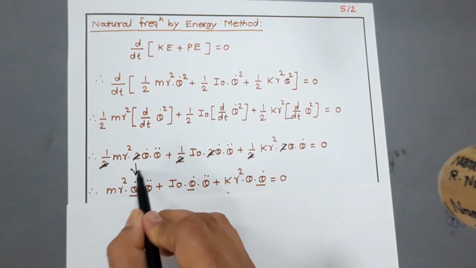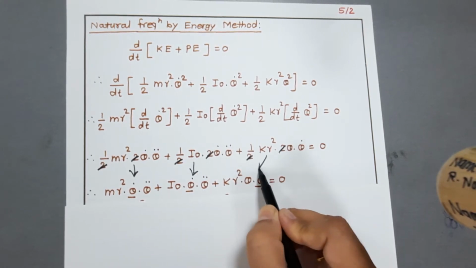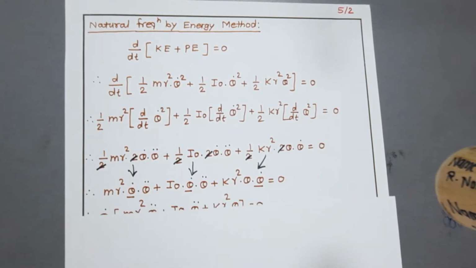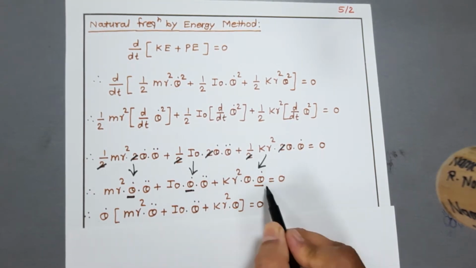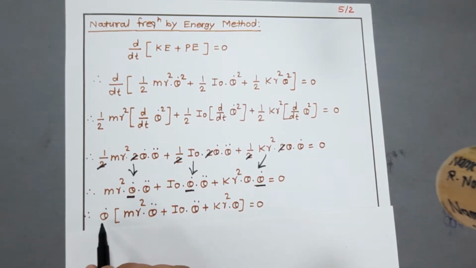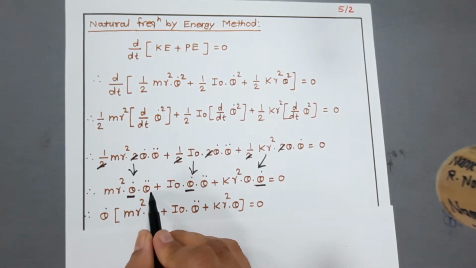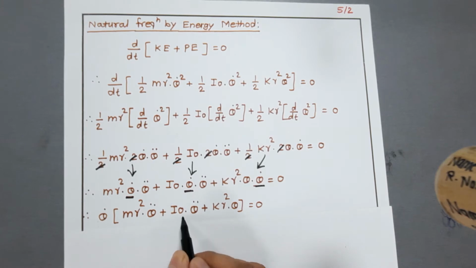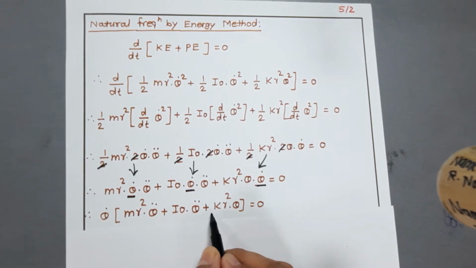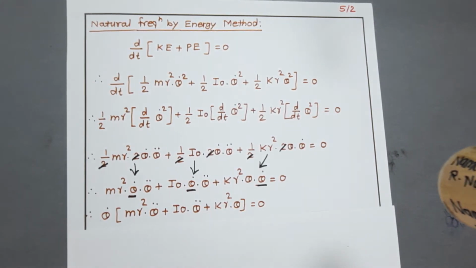These are the terms remaining. Now in this equation theta dot is common, so take theta dot common, and in the bracket what remains is m r squared theta double dot plus I0 theta double dot plus k r squared theta is equal to 0.